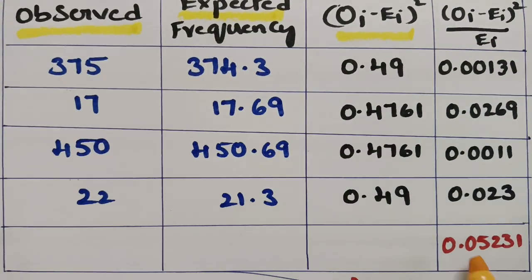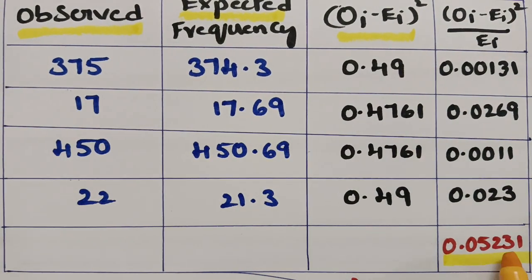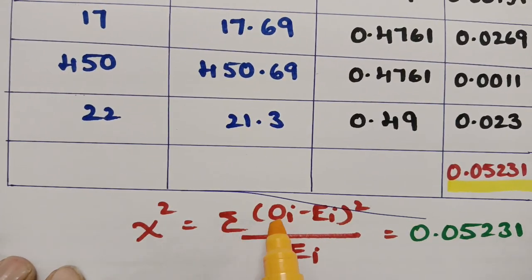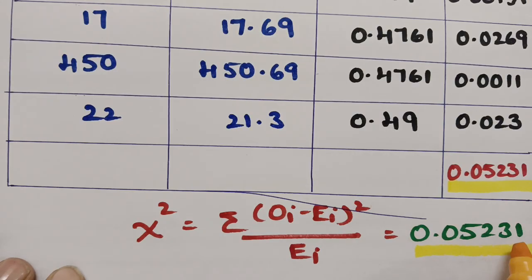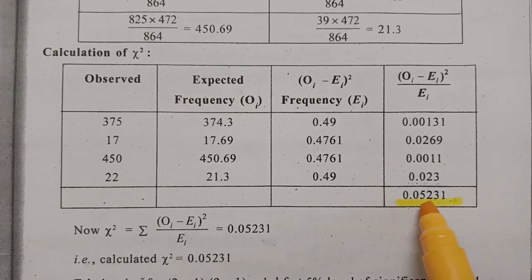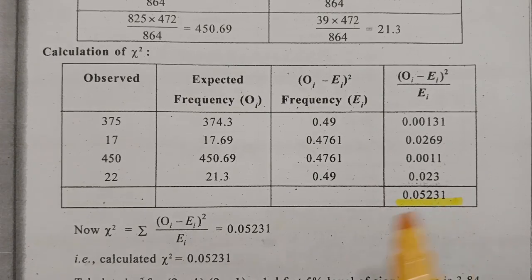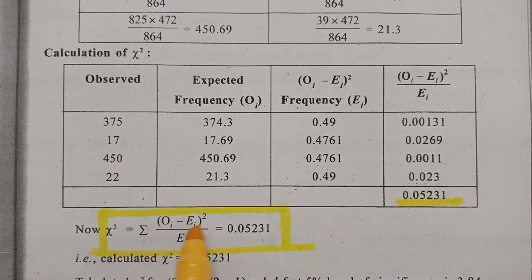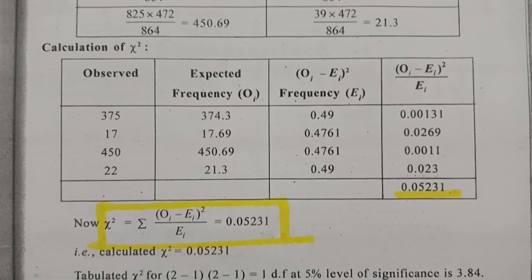And here the grand total is 0.05231. And see here for chi-square, sigma OI minus EI whole square by EI, the value here is 0.0523. This is the way we have to calculate the chi-square value.